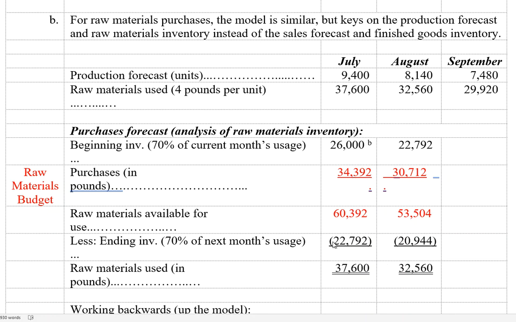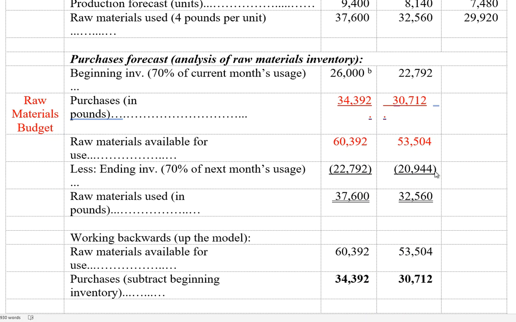And then remember that this ending inventory swings up here for the next month because it becomes the beginning inventory for the next month. And then we take these two numbers and add it to this, subtract out the 22,792 to get the 37,12. And that's backwards up the model here.